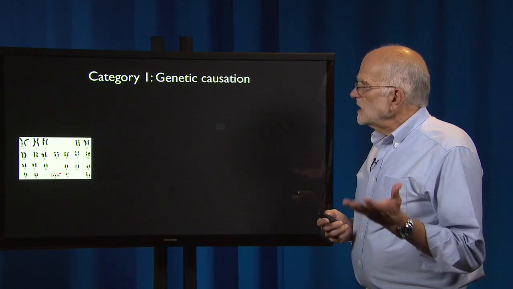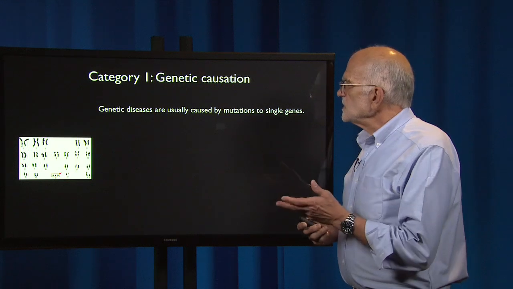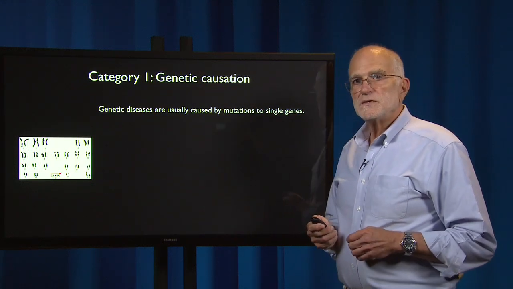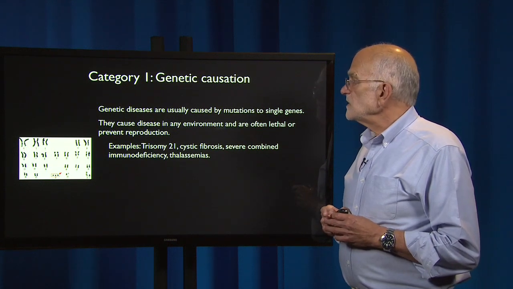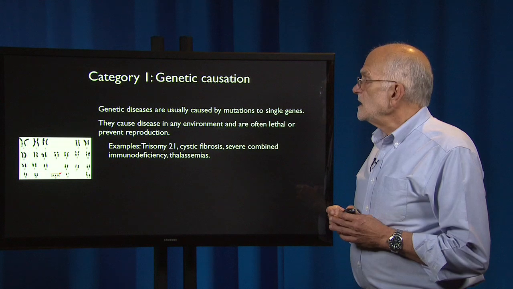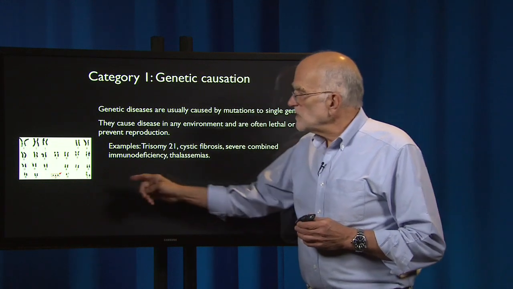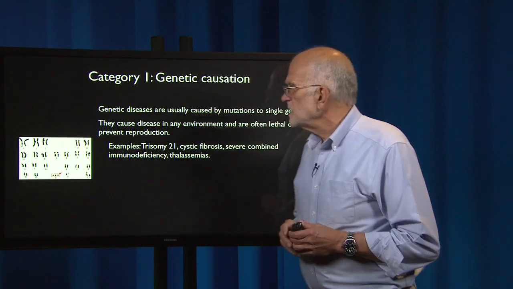So, category 1, genetic causation. Genetic diseases are usually caused by mutations to single genes. They cause disease in any environment, and they are often lethal, or if they're not lethal, they prevent reproduction. An example might be trisomy 21. Here is trisomy 21, 3 copies of the 21st chromosome.